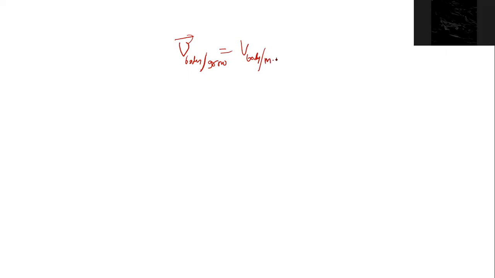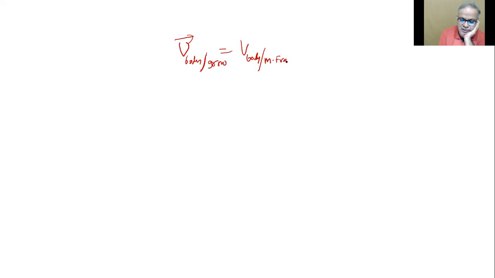So I should write like this: velocity of a body with respect to, this way I'll write, velocity of a body with respect to what? Shall I say ground to make it simple? Is equal to, tell me, velocity of the body with respect to bus, river, what? Moving frame.